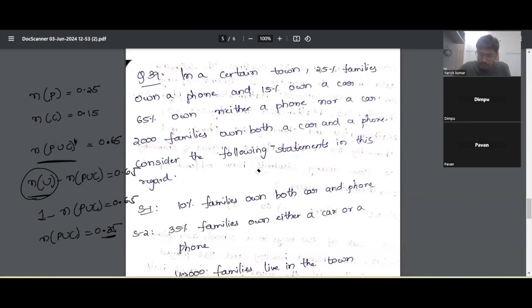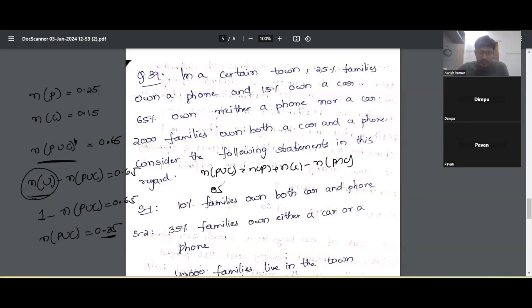Understood this? Yes, sir. Now, consider the following: 10% own both car and phone. That means we have to calculate n of p intersection c. We know that n of p union c is n of p plus n of c minus n of p intersection c.